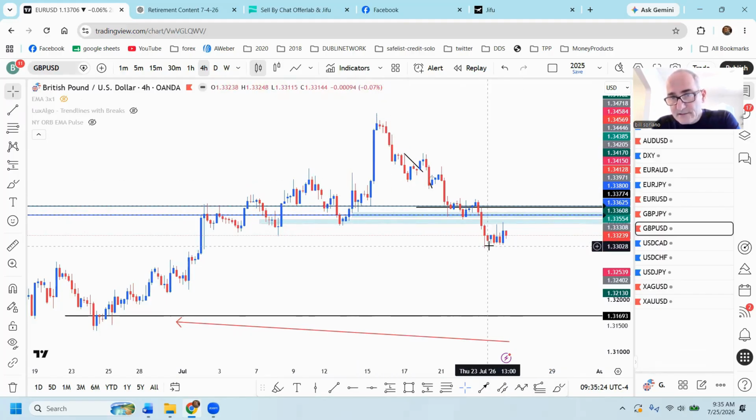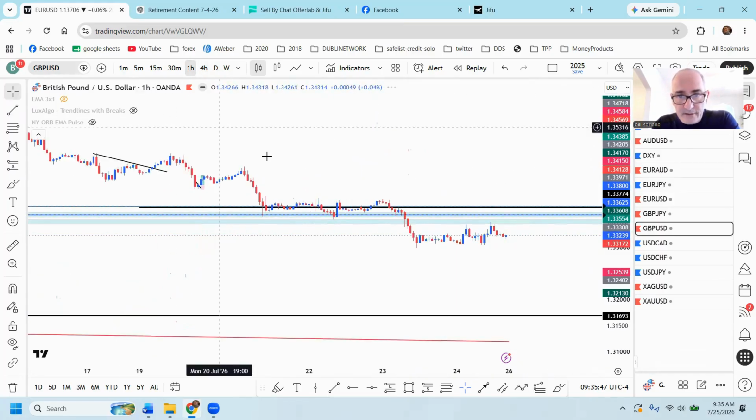You're basically in a downtrend here, and you'd be in a downtrend until you get a break of structure above this area at 1.33906, somewhere around there. To get a break of structure, you get a 4-hour candle that opens and closes above that range. Then we would change our outlook to bullish on GBP-USD. But right now we are bearish.